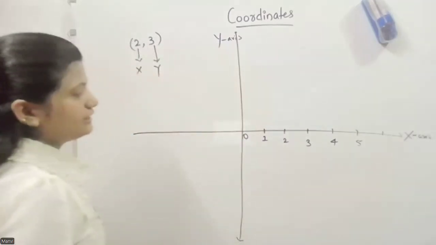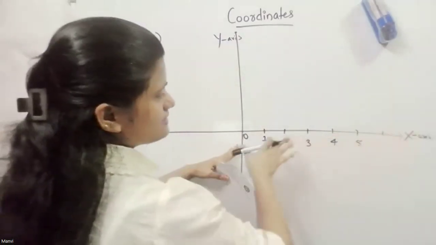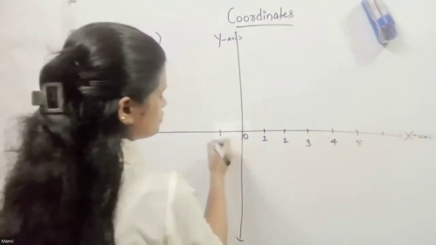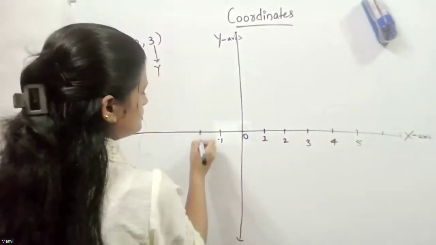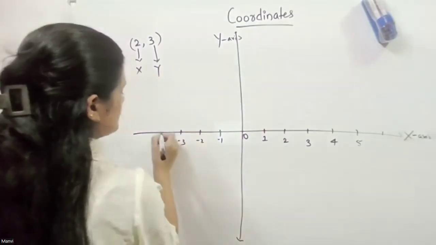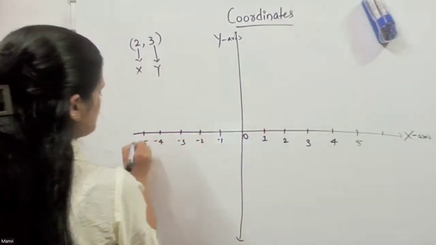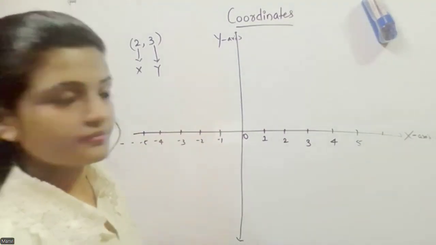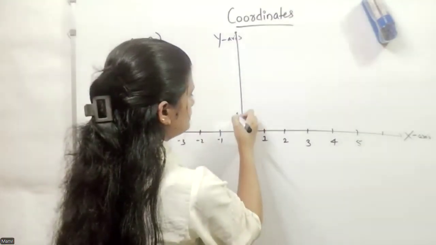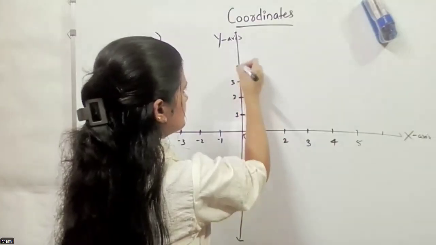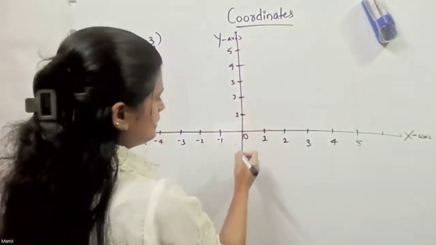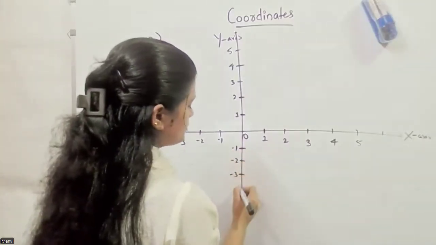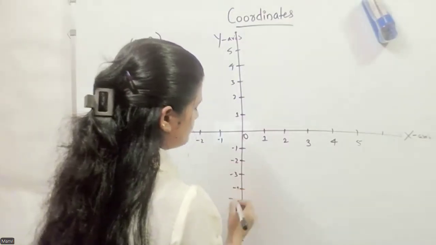All the values to the right of 0 on the x-axis are positive, and the opposite is on the left-hand side: -1, -2, -3, -4, -5 and so on. The same rule applies on the y-axis as well. Here we have +1, +2, +3, +4, +5 and the bottom values are negative: -1, -2, -3, -4, -5 and so on.